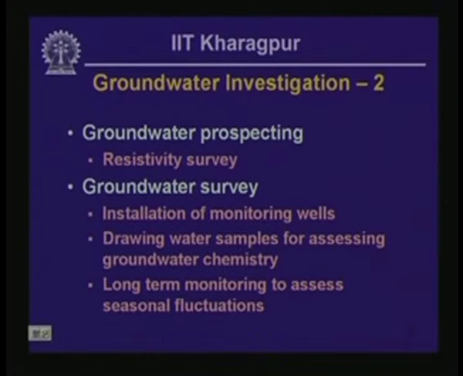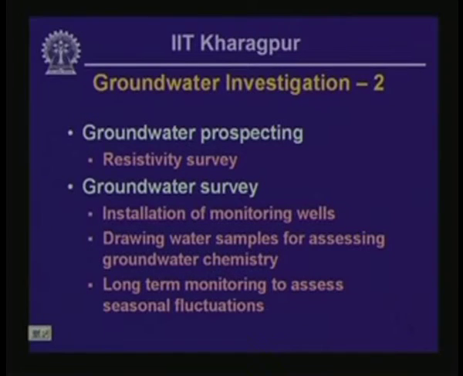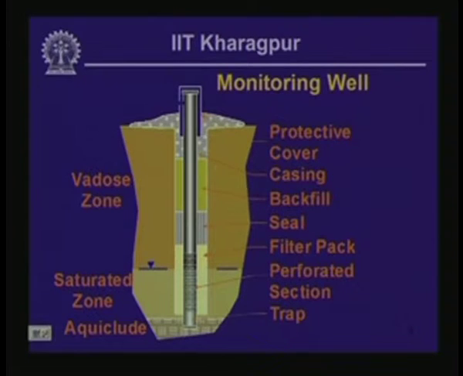What is also done in addition to all these things for groundwater survey is to pump out the wells at steady state in order to assess the potential yield from a particular well, and that is called well testing. So, all these steps are carried out in groundwater survey and groundwater prospecting.